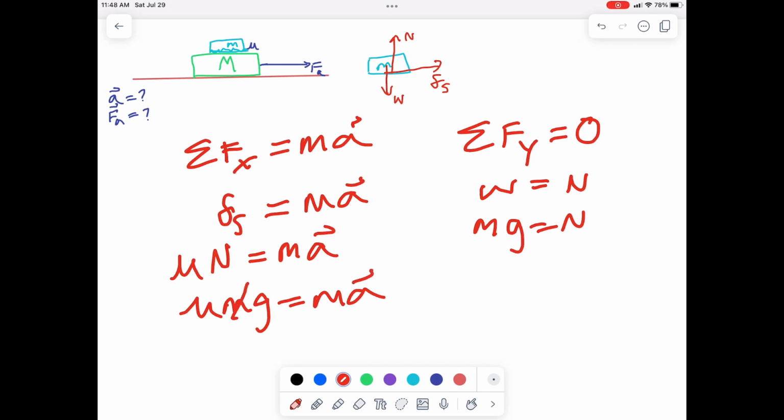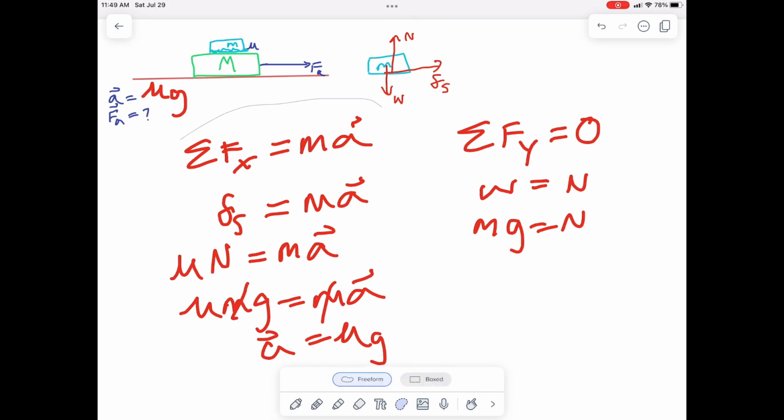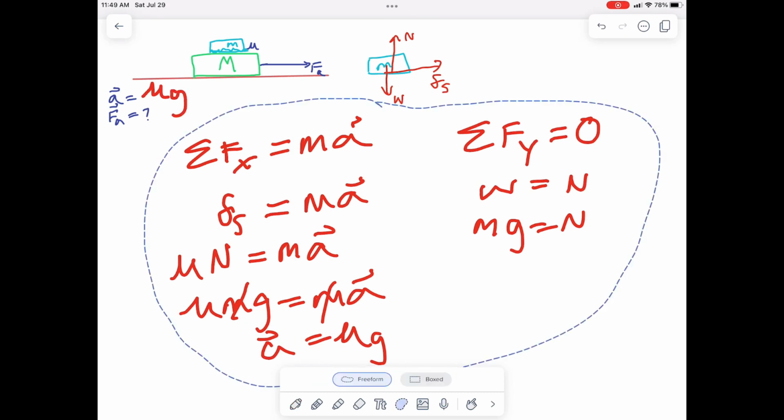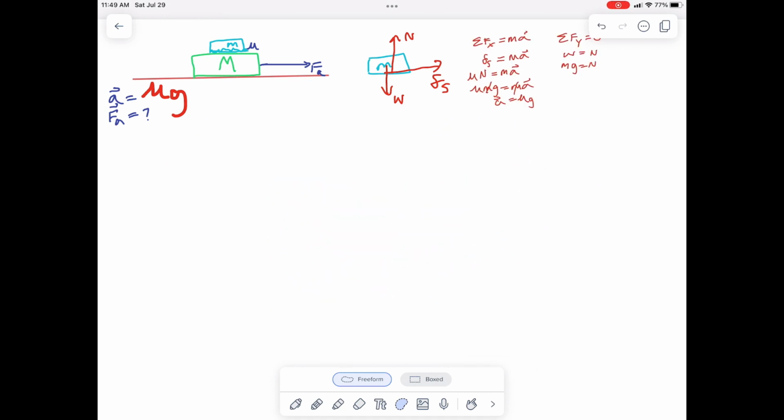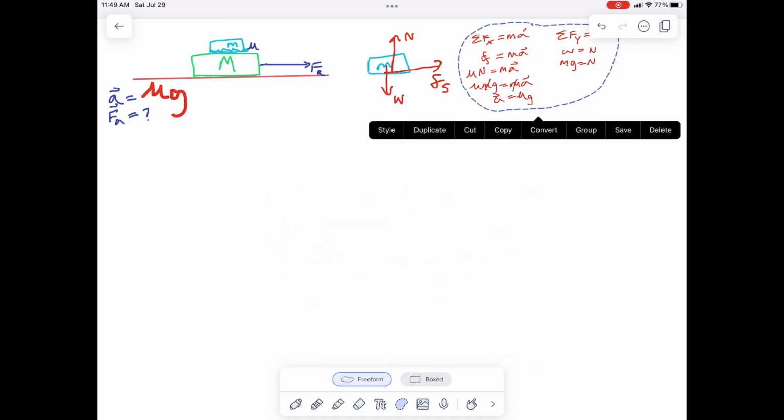I can cancel out an m from both sides, and I get that acceleration is just equal to mu g. So now we know what our acceleration is, and that's equal to mu g. Okay, so now we've solved for the acceleration of the little block, and therefore we know the acceleration of our whole system. Now let's solve for the applied force.